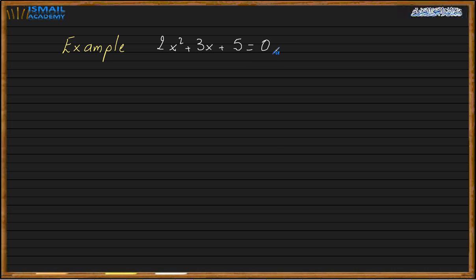If you have numbers here, try to move all the x terms to one side. Keep all the x and their coefficients on one side, and the constant always on the other side. This is the step we need to do first.